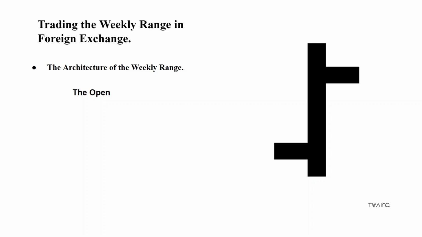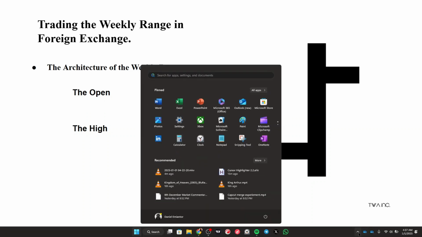Okay, so we have the high, and in this case this will be the opening price of this candle. This is a line chart. A line chart is not like the Japanese candlestick.